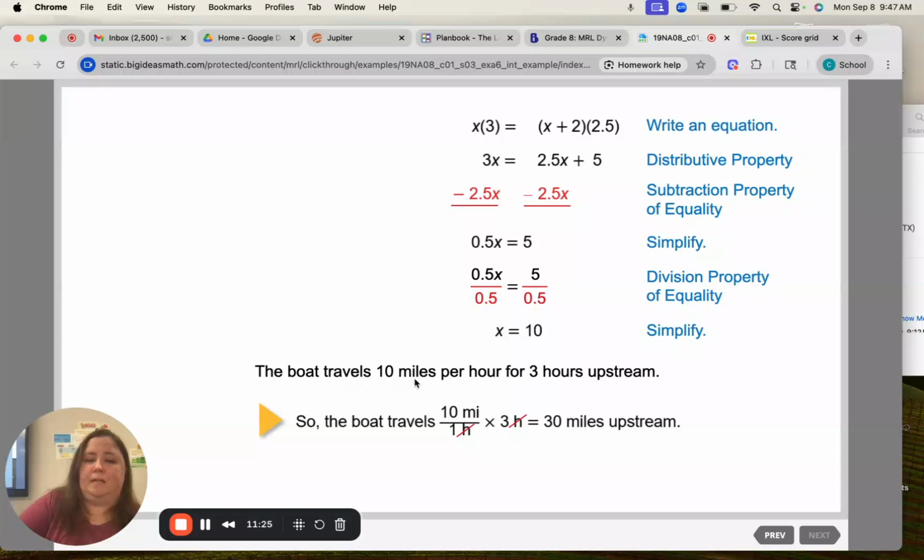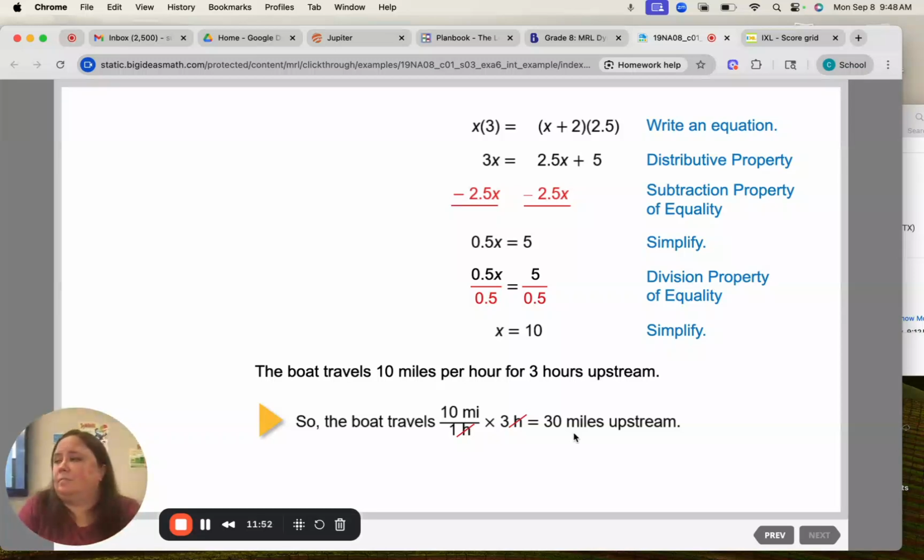So we do 10 miles over 1 hour because it was 10 miles per hour, correct? Times the number of hours, which was 3. So it's 10 times 3, 30 miles per hour. So no, 30 miles. We canceled out the hour. So how far did we go on the boat? 30 miles. We just went upstream in 3 hours and downstream in 2.5 hours.